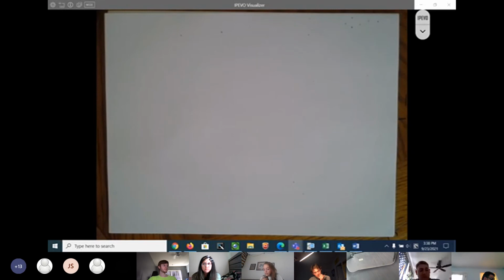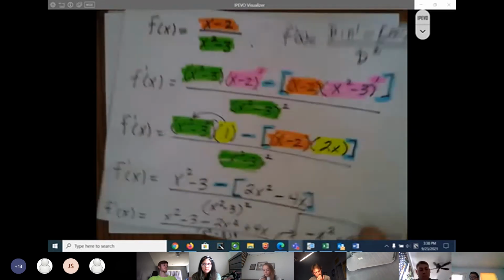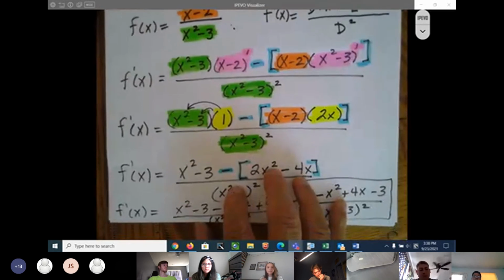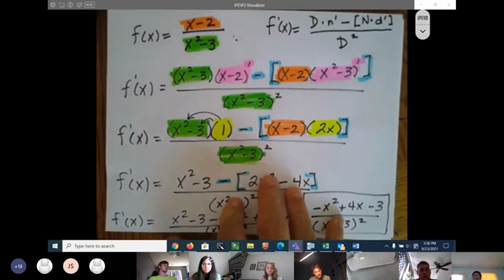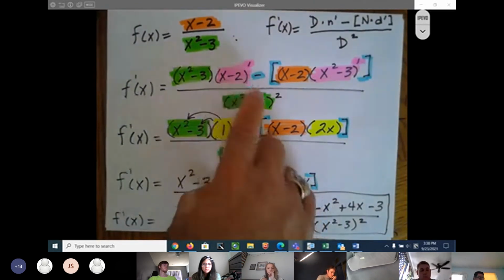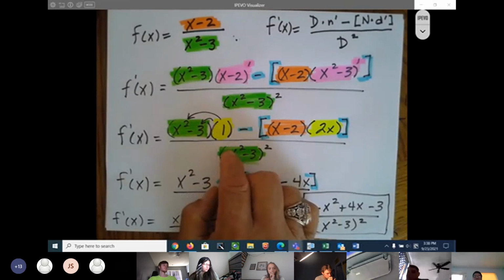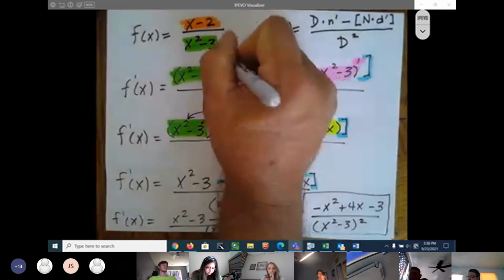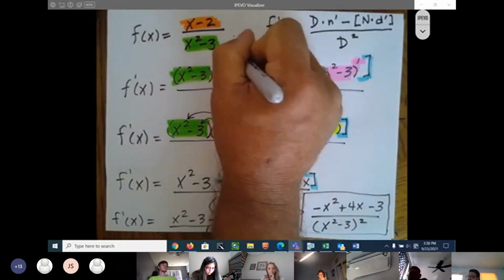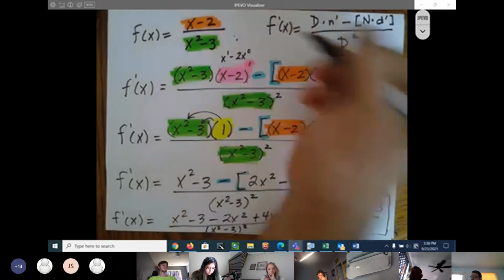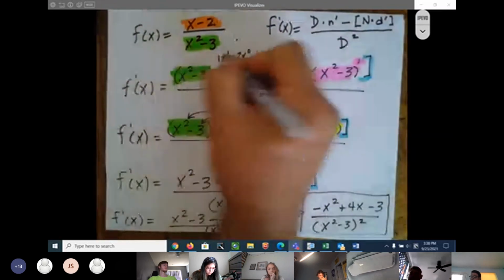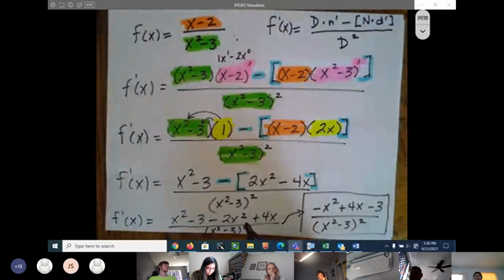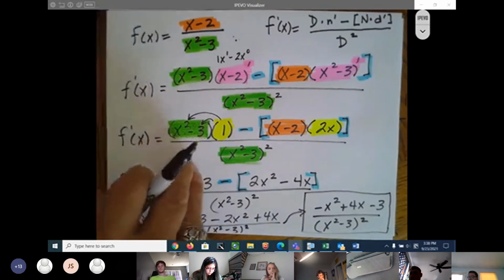Can you explain again where you got the 1, like from the x minus 2? Okay, I'll take this x minus 2 and I'll rewrite it. X to the first power minus 2x to the 0 power. All right, now take the derivative of each one of those terms. I'll go to the next page and do it for you.